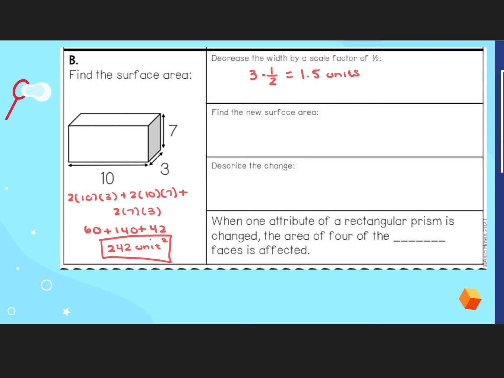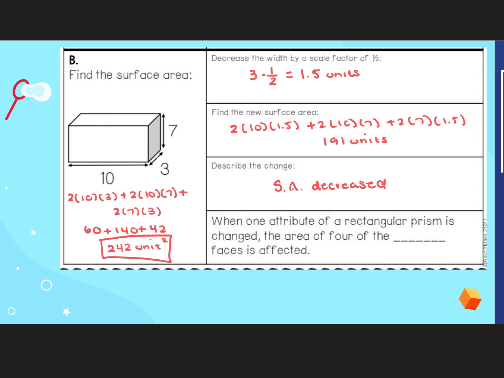Using our new width, we have 2 times 10 times 1.5 plus 2 times 10 times 7 plus 2 times 7 times 1.5, which gives us 191 units squared. So we can see that our surface area decreased, but it's important to note that it did not decrease by half. So we just know that the surface area decreased.